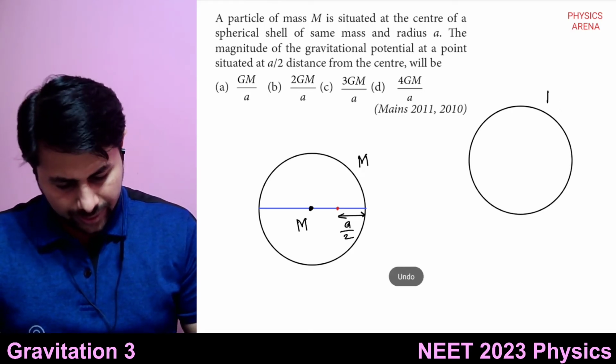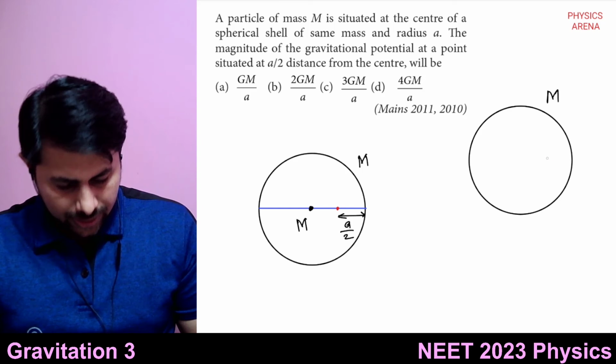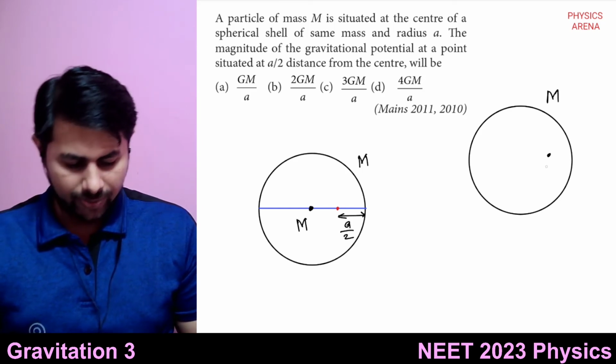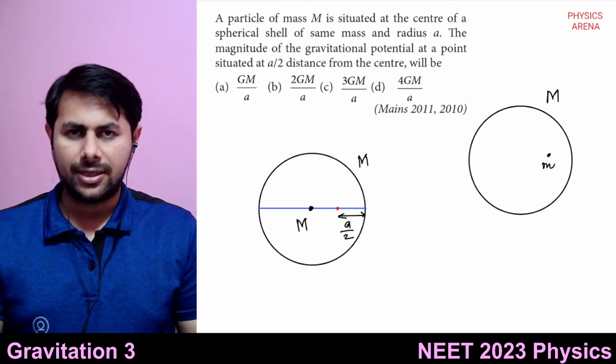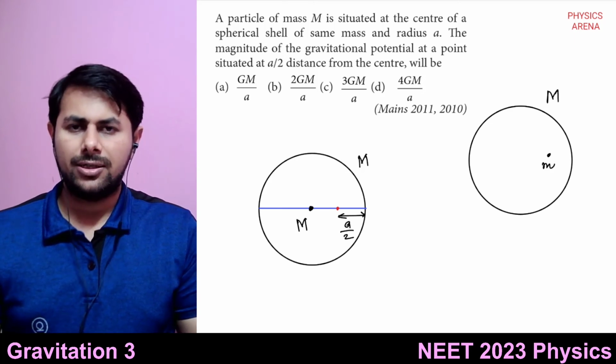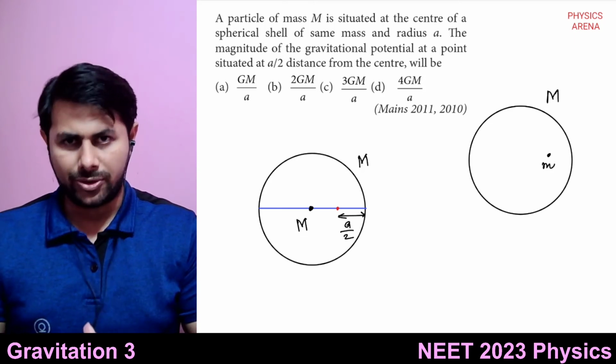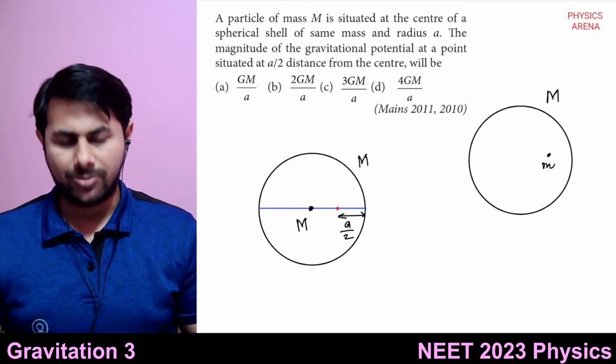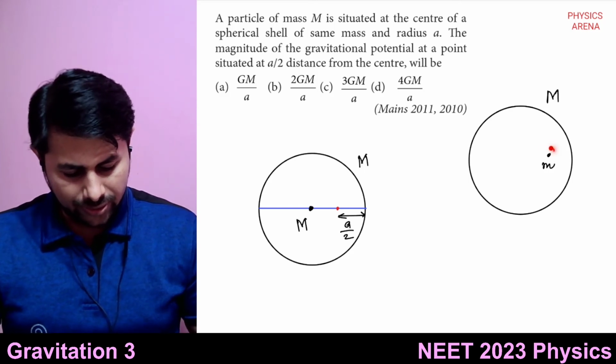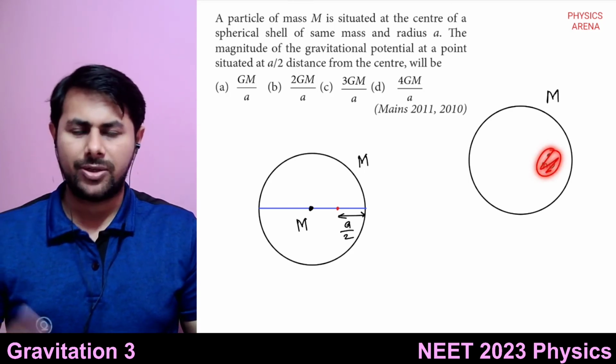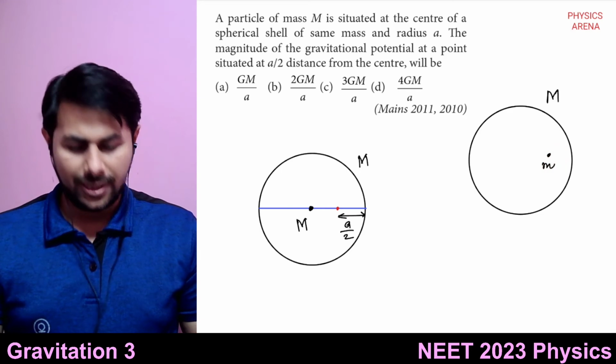It doesn't matter. Now let's suppose there is a small mass m inside that shell. So we know that the shell exerts no gravitational force on that mass. So gravitational force on this mass is equal to 0, right?